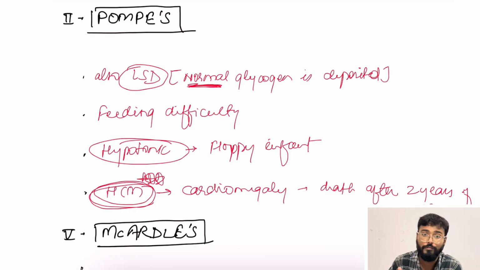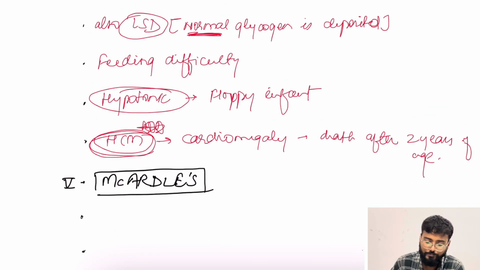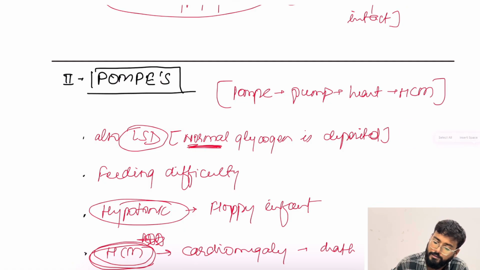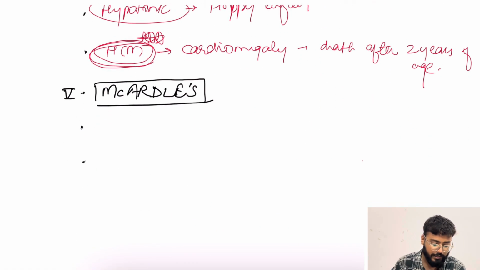There is something wrong with your heart, that is hypertrophic cardiomyopathy, which will cause cardiomegaly. So I will write here: Pompe, pump, hypertrophic, heart, that is hypertrophic cardiomyopathy. That's how you can remember it.